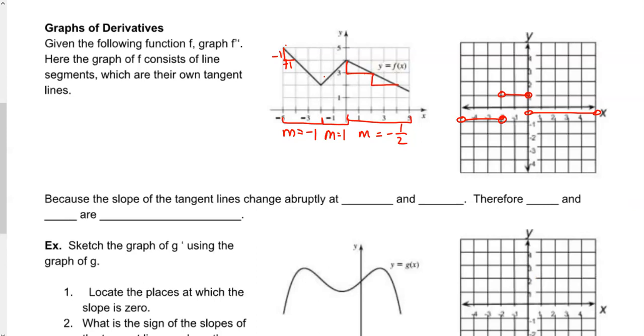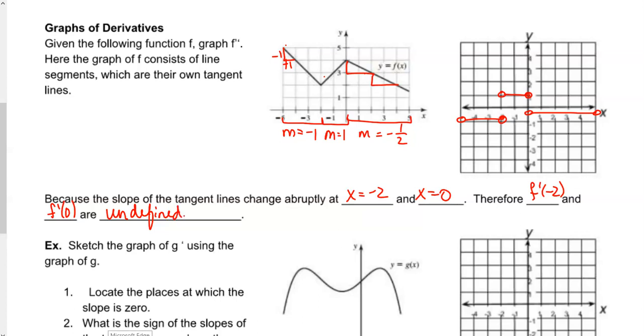Okay? Now, because the slopes of the tangent lines change abruptly at x equaling negative 2 and x equaling 0, therefore f prime at negative 2 and f prime at 0 are undefined. And we'll talk about that in just a second.